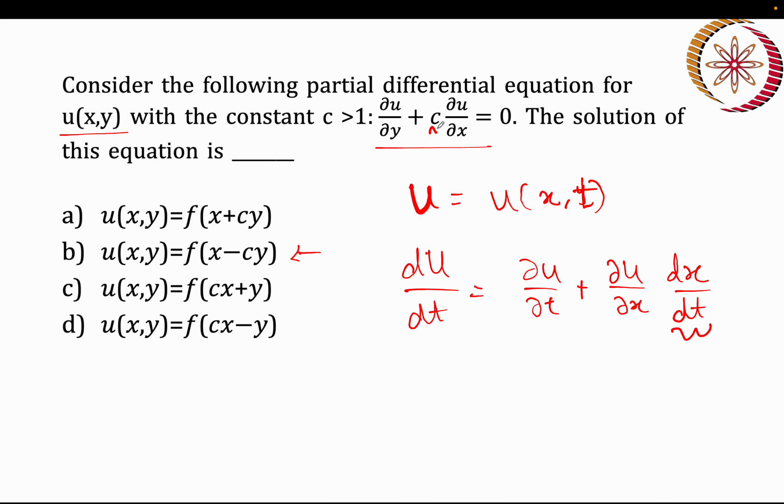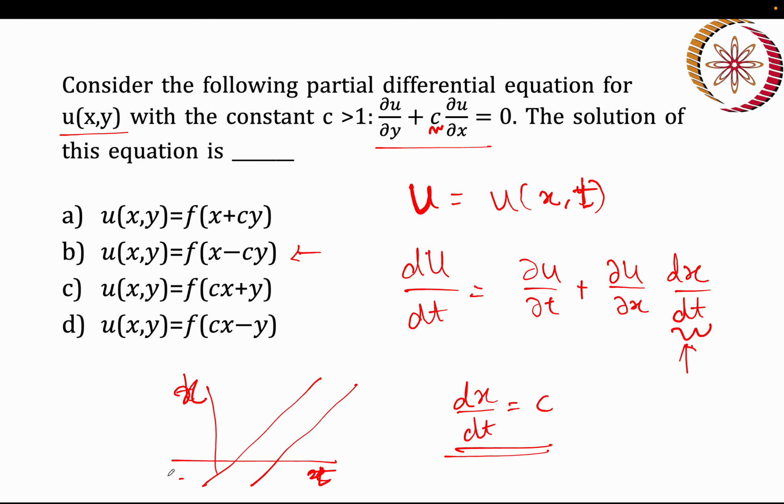In that case we will see that dx by dt, this is nothing but the characteristics. So dx by dt is known as the characteristics, dx by dt is equal to c. If we draw it in the xt plane, let's say this is x and this is time, then dx by dt will be the slope, with c, like this, and along this line the function values will be constant.